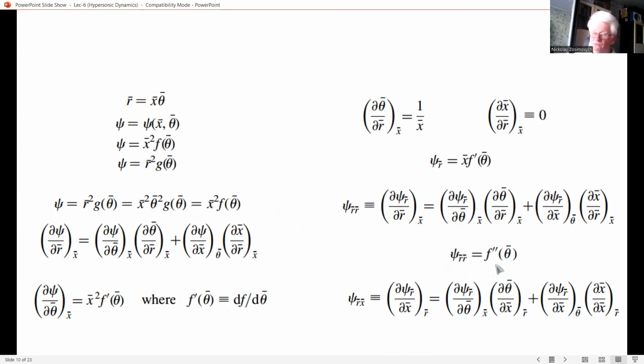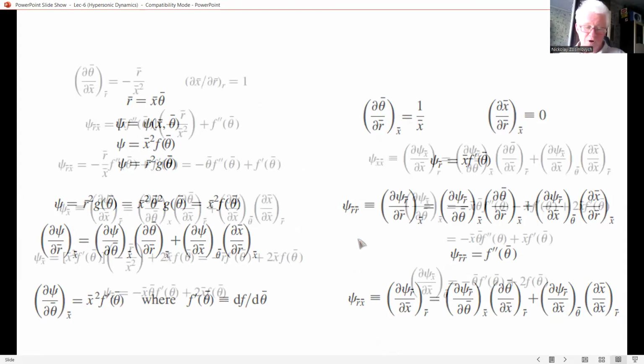Also, from the chain rule, we may write an expression not only for R, but also for R and X average. You can see it's generally analogous to this one. What's the difference? Only R average instead of X average. That's final.